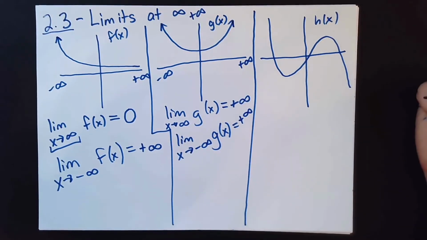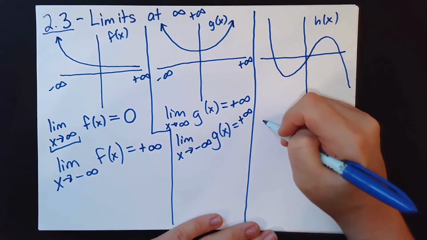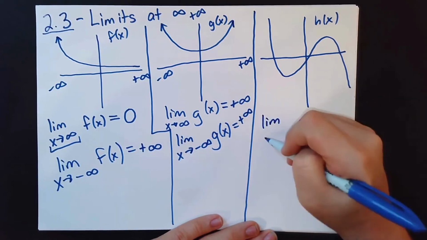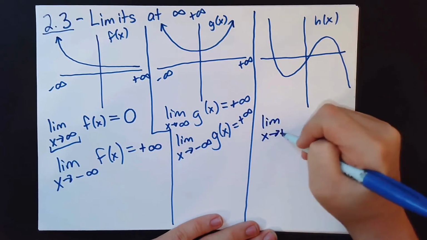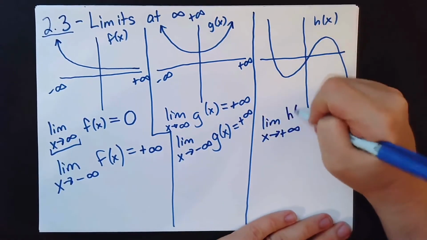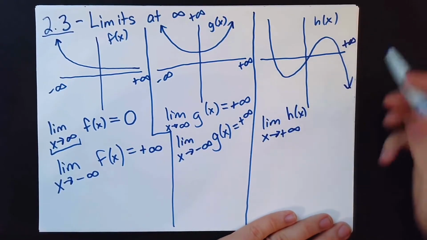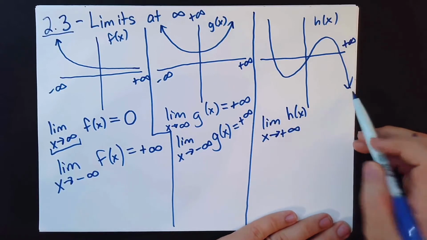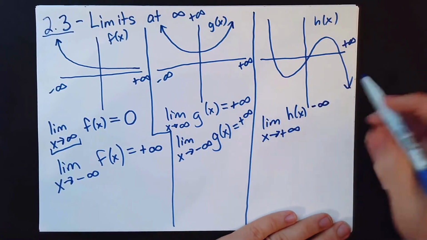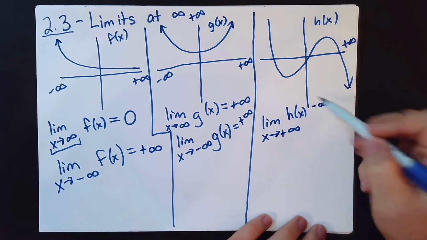How about this function, h of x? In the case of h of x, the limit as x goes to plus infinity of h of x, that is this direction, it's going down in the direction of minus infinity, again on the output axis.